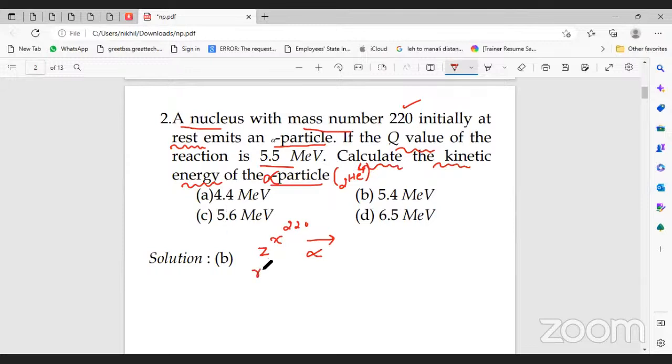This is initially at rest. After emitting the alpha particle, there will be Z minus 2. Why? This 220 will become 216, because mass number has to decrease by 4. Plus the particle released is the alpha particle, that is 2He4.